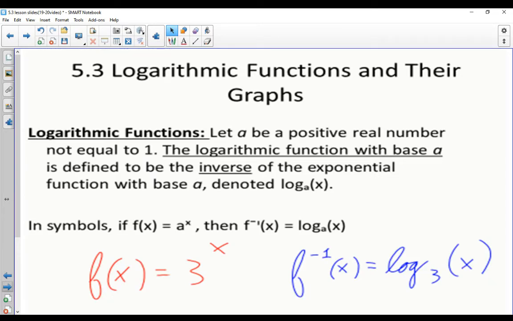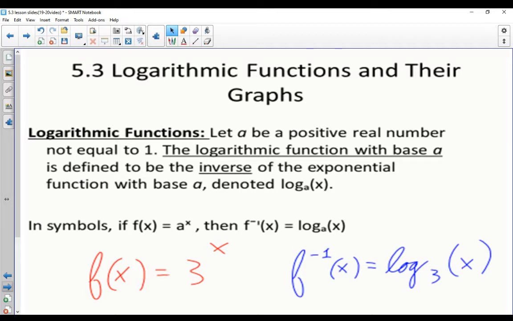Logarithmic functions, or you guys know them as log functions. The formal definition, if we let a be a positive real number not equal to 1, then the log function with base a is defined to be the inverse of the exponential function.